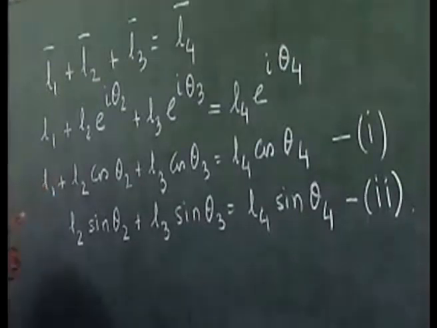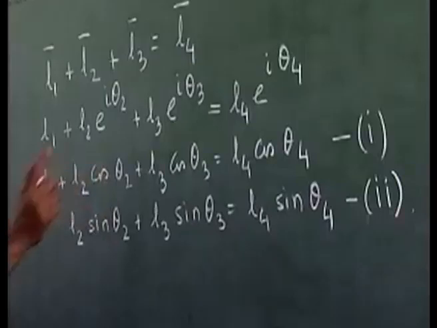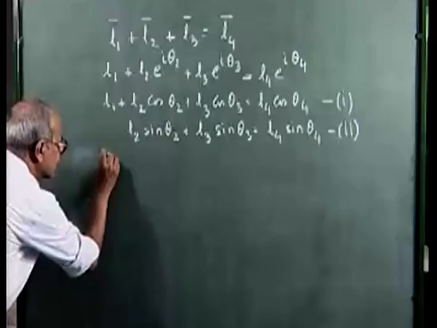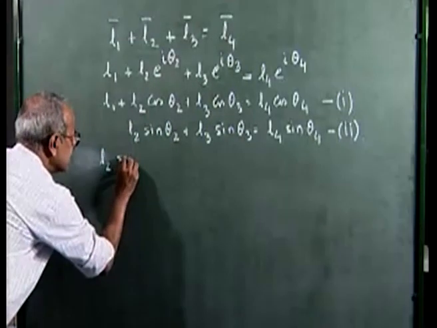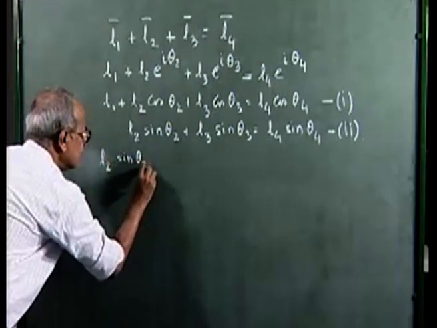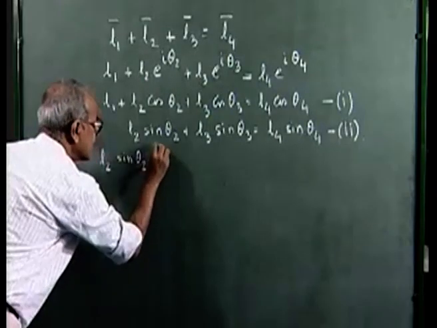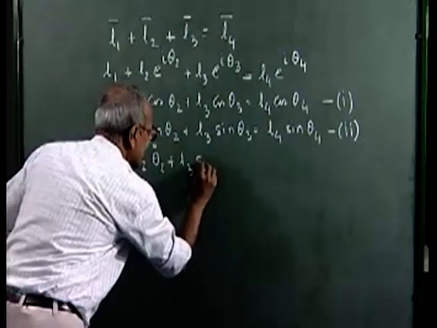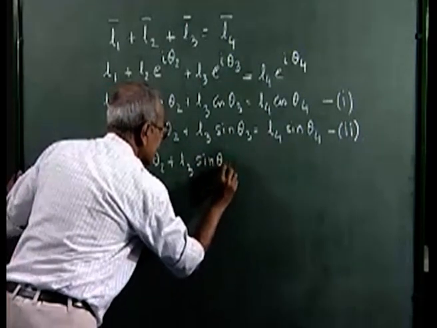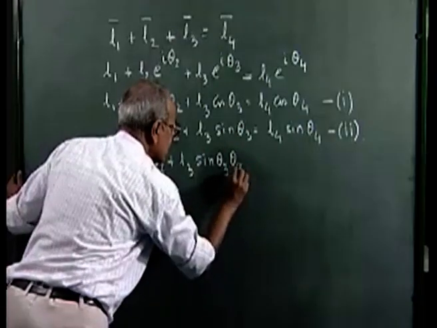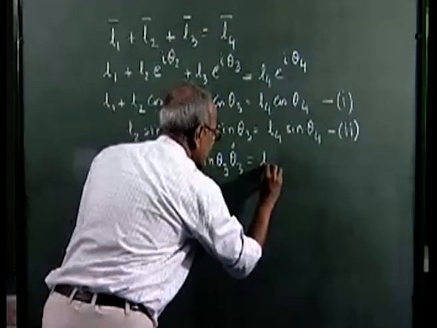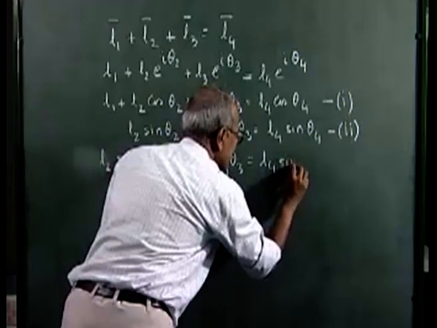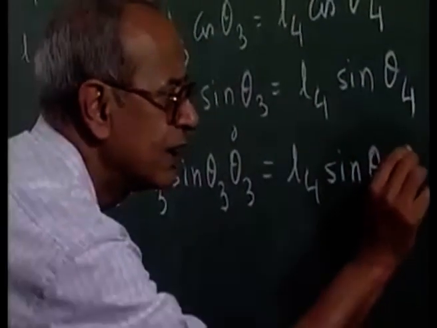Because these equations are valid for all instants of time, I can differentiate both sides of these two equations with respect to time, and I can write from the first equation: minus L2 sin theta 2 into theta 2 dot, plus minus L3 sin theta 3 into theta 3 dot, is equal to minus L4 sin theta 4 into theta 4 dot.